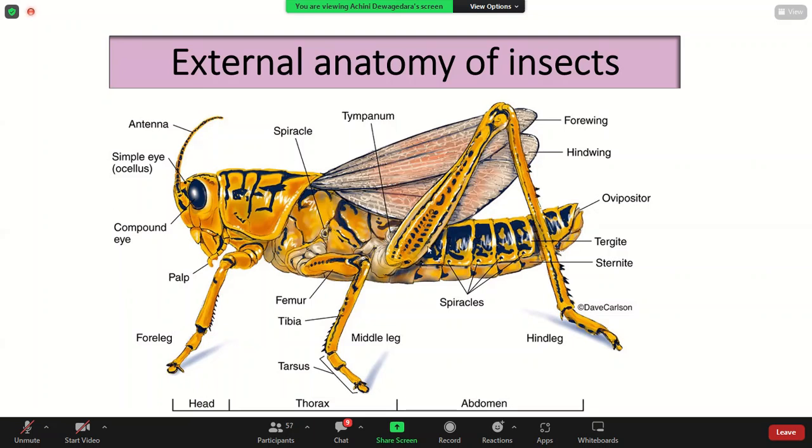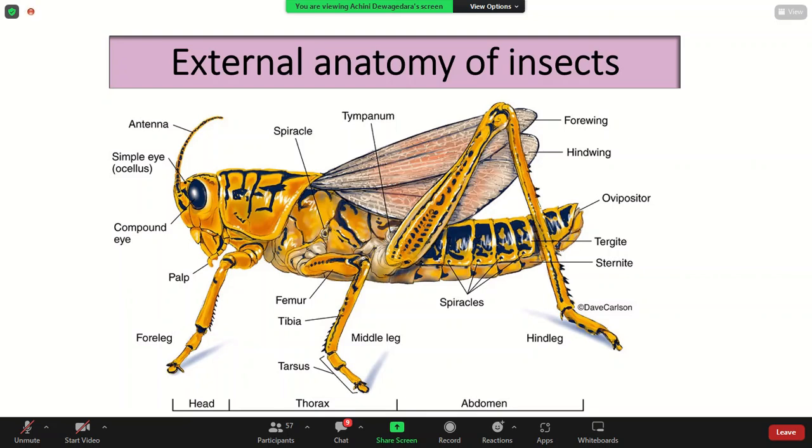What are those other systems inside the body? Respiratory system, digestive system, blood circulatory system, what else? Nervous system and the muscular system.